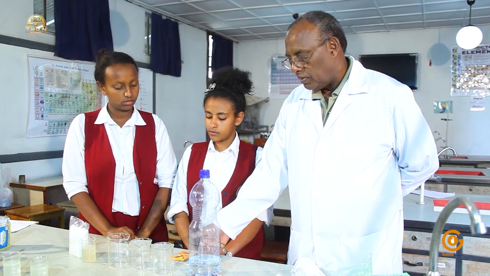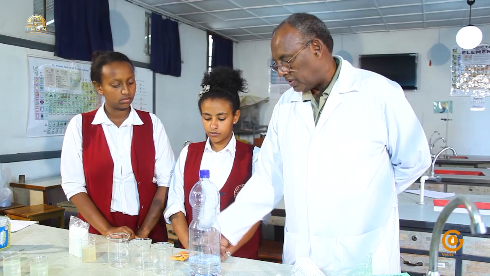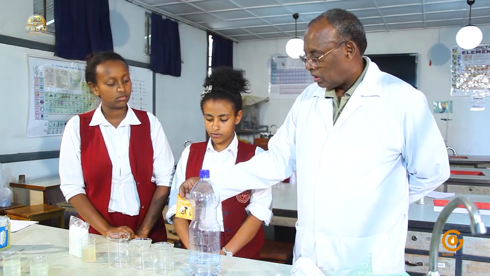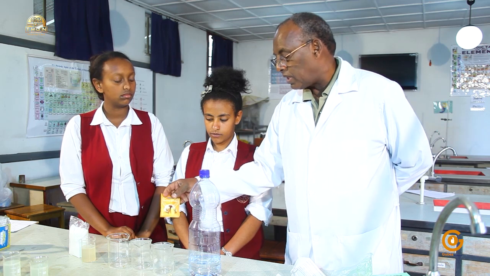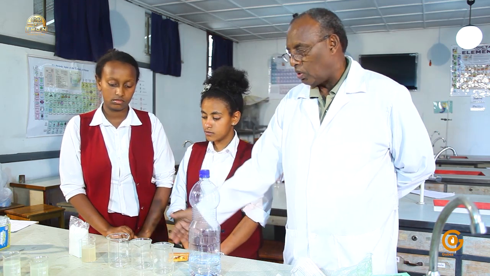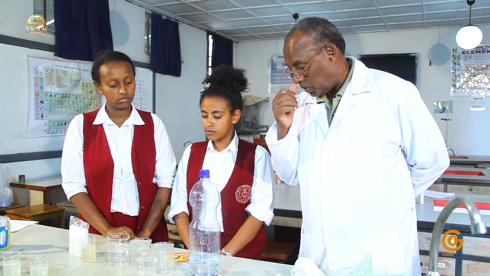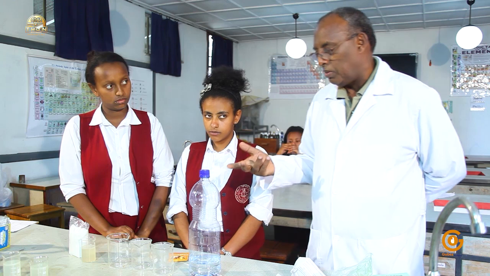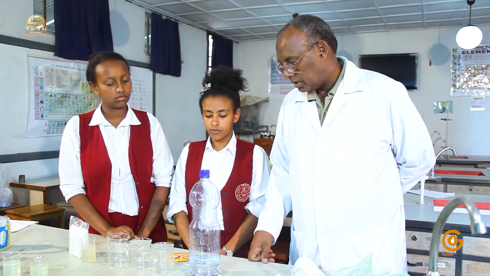They have to be dissolved when we make use of them at home. When we use it as a source of carbon dioxide, it has to be dissolved. Sodium chloride has to be dissolved to be part of the food we eat. We shall have some good idea about their solubility in water.